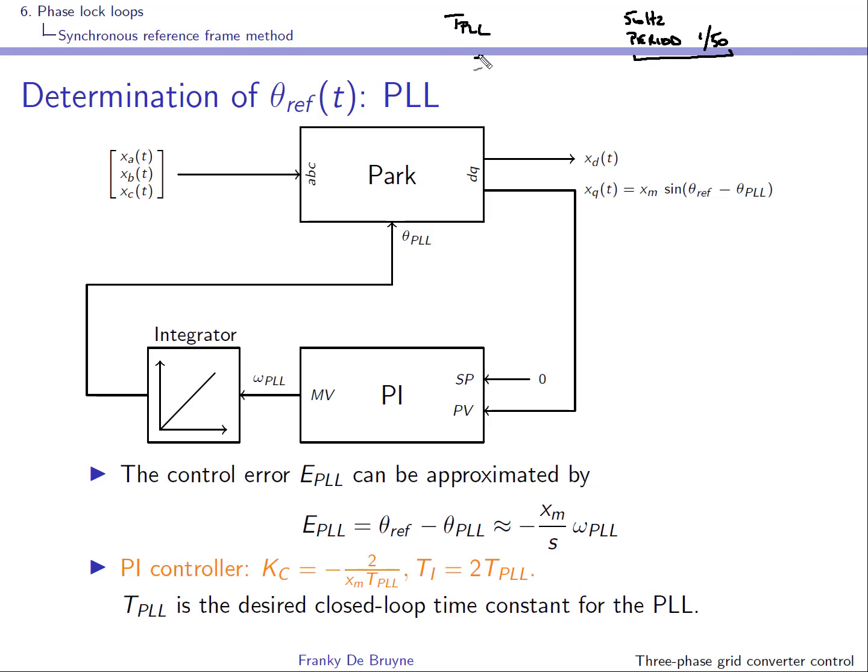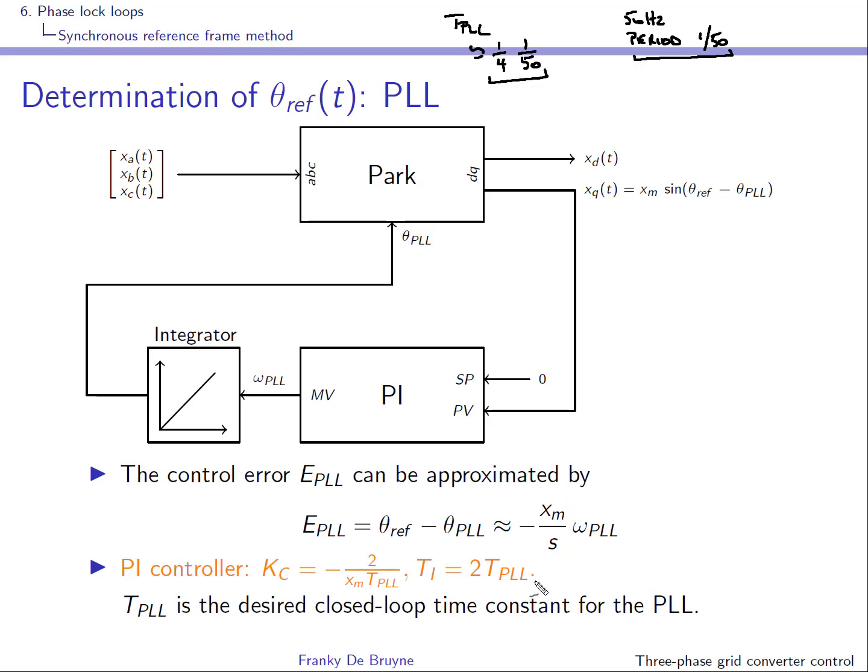So you can approximately say that TPLL is 1/4 of 1/50. This is simply saying that in 1/4 of a period of 1 sine, you have tracked your reference signal.